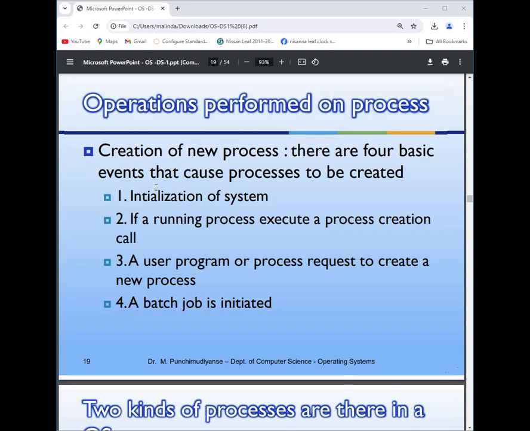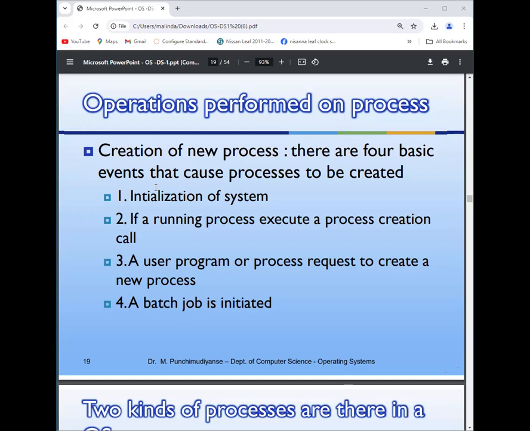Then the second option is when a running process executes a process creation call. That means one task, when it is in the middle, may need some other task to run, and another process can be created. The third one is a user program or process requesting to create a new process.